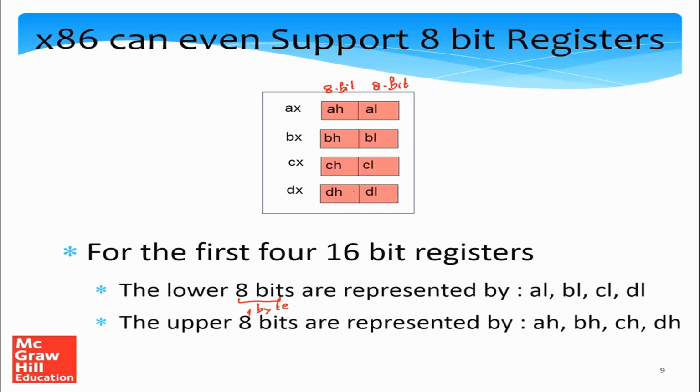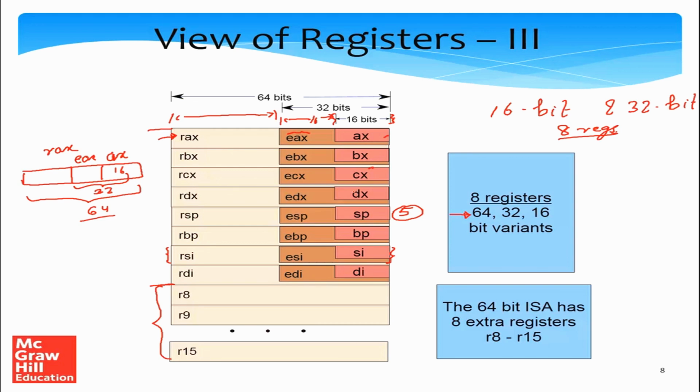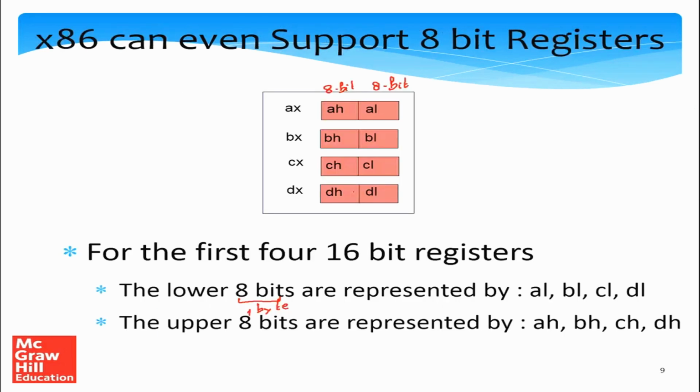It is exactly similar to this particular figure, where we take a register and divide it into several subfields and interpret the fields based on our instruction. In this case, we further divide the top four 16-bit registers into two subfields each: AH AL, BH BL, CH CL and DH DL.